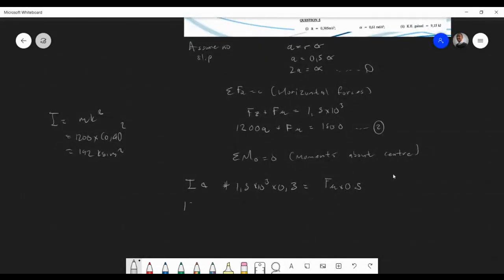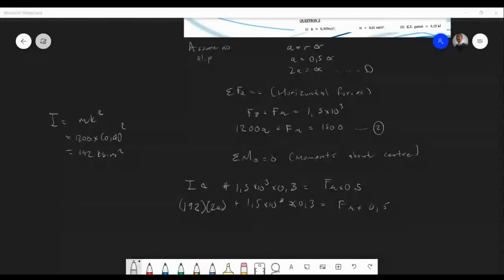Don't worry, you'll be setting everything up now. Of course, our angular acceleration is equal to 2 times A. So we have that over here. And of course, we want this to be in a matrix form. It's an equation.